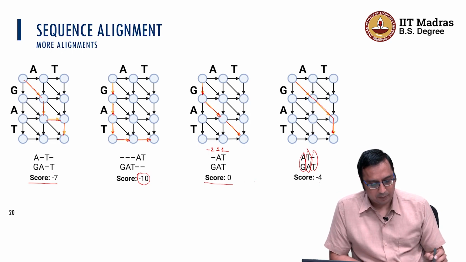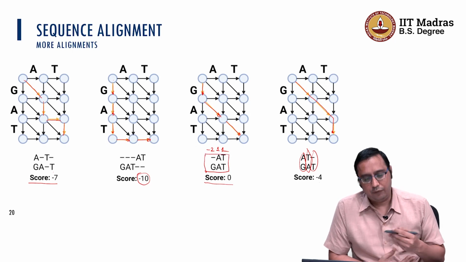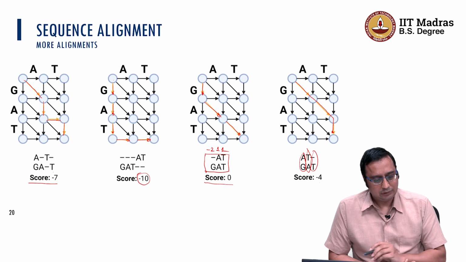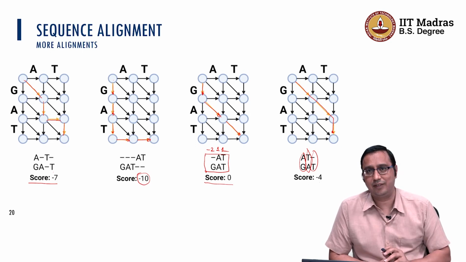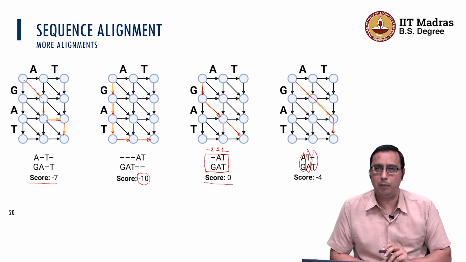Hence, you can see that if I compare all of this, this is the best alignment. Also, if we visually look at it, this is also the best alignment we can do. Now, I have compared 4 paths, and there are many more paths here. I'll let you find out as homework how many paths there are in this particular problem.